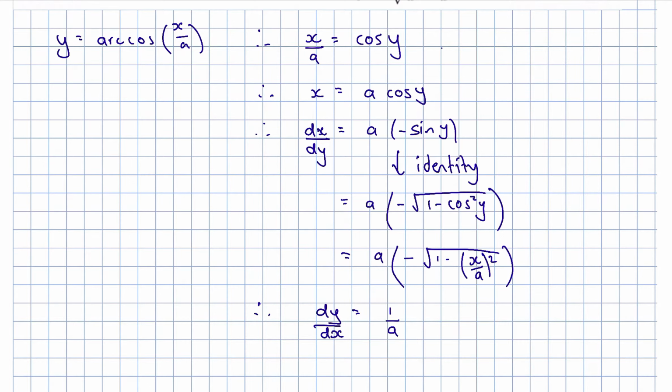We need to do the reciprocal of the a part, and we're going to multiply that by 1 on the negative of this stuff here, x over a squared. Now that looks a little bit messy at the moment, and we do have the 1 on a available to try and multiply through and make this a little bit neater.